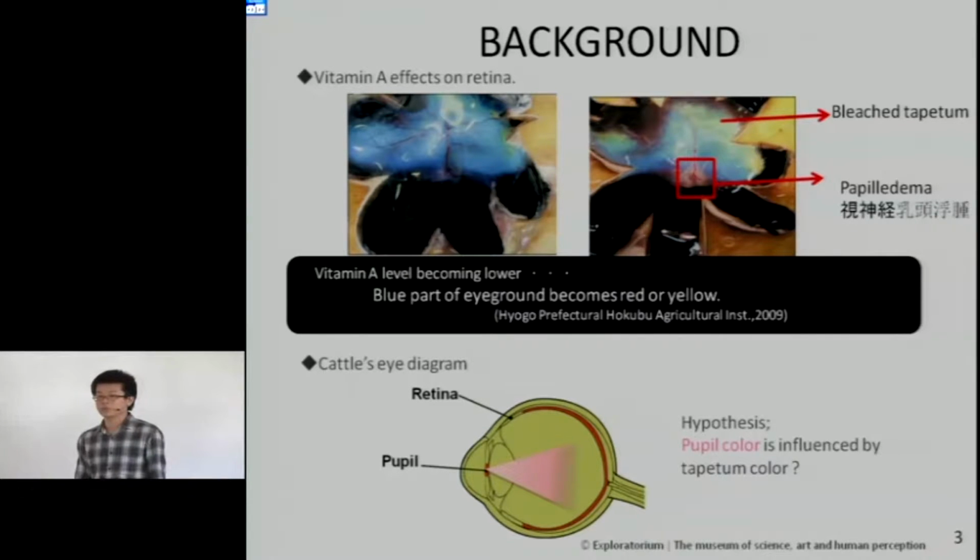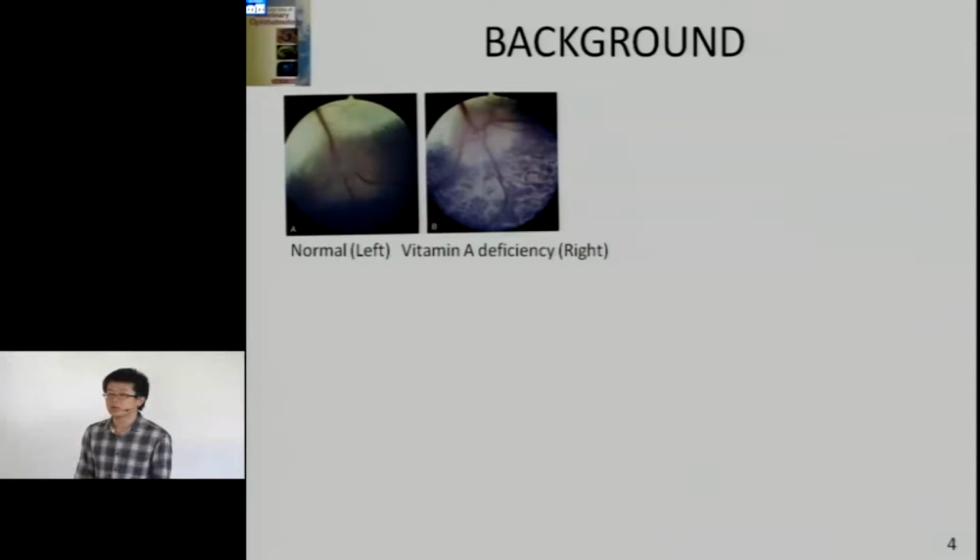So our hypothesis is that we can observe this change from outside. That means the pupil color can be affected by the background, the tapetum color. Based on this hypothesis, we do our experiment.